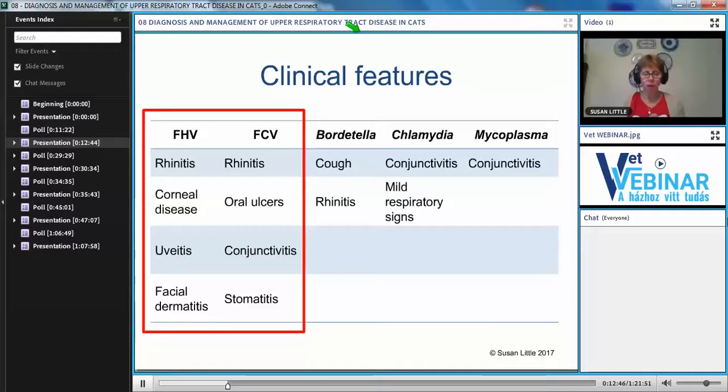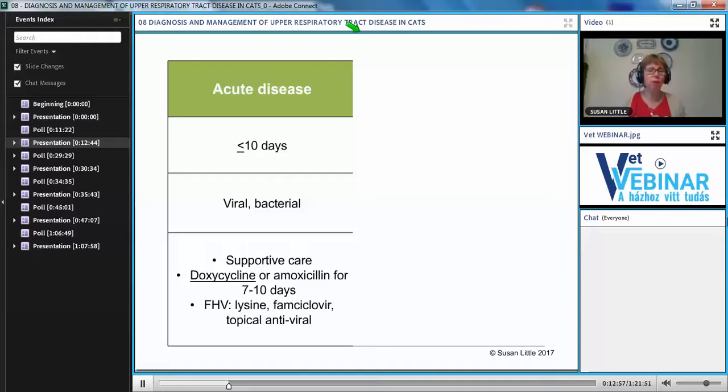Okay, so we'll go ahead and talk about how we might pick an antibiotic and what type of things would play into that decision. So one of the first things that I wanted to talk about was acute versus chronic disease, and we define that by duration. So acute disease is a patient who has had clinical signs for 10 days or less.